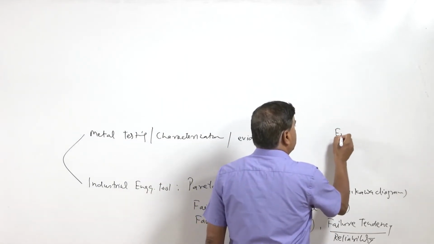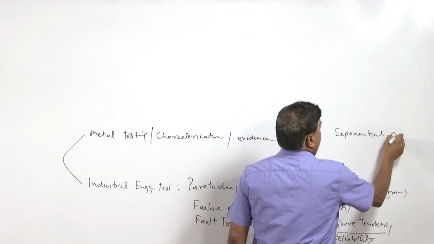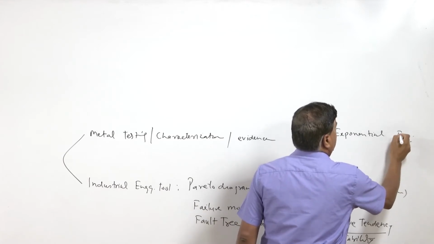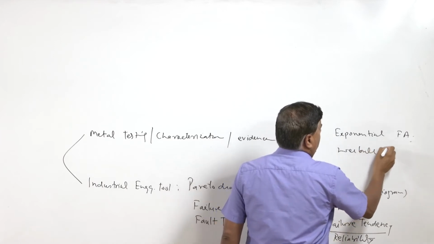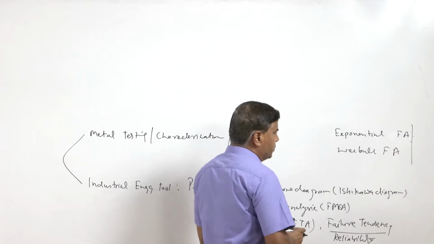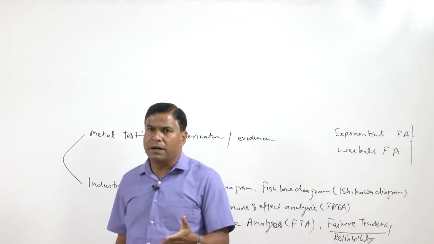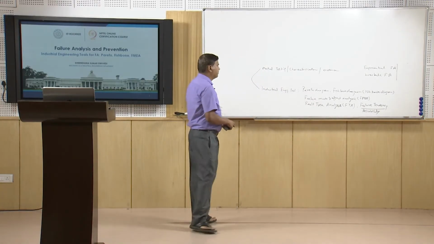One is exponential failure analysis, and the other is Weibull failure analysis. These two are used to see when a particular kind of failure is expected to occur based on the history of the failure of the component.